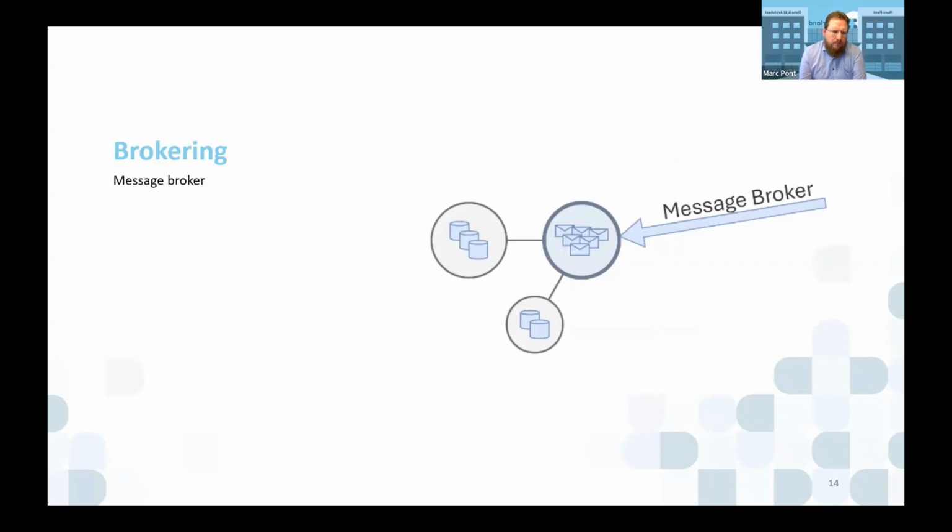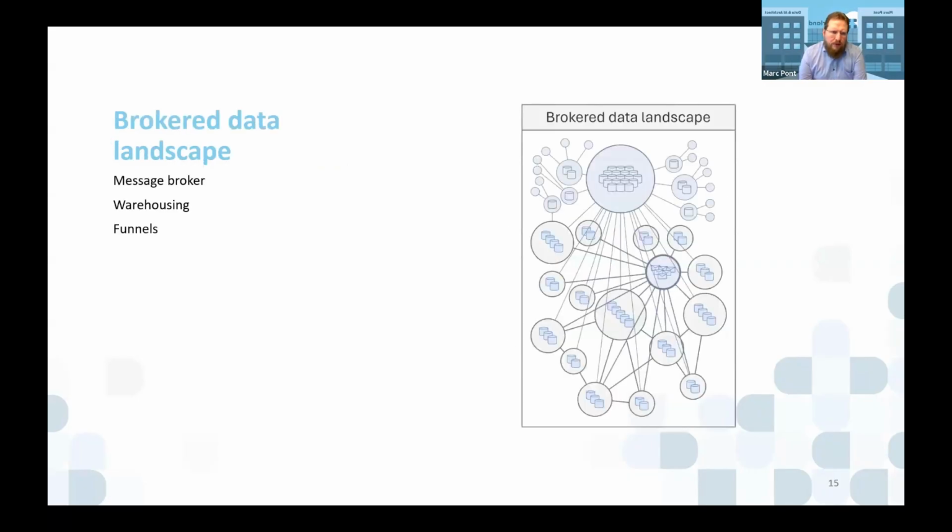Where messages are basically handled through a centralized point. This is also where standards start to really get a grip within the messaging ecosystem. And we also introduced this warehousing concept, and this is the broker data landscape as we know it now.